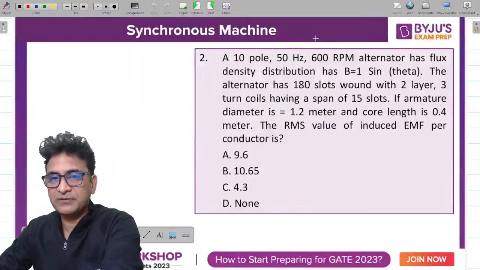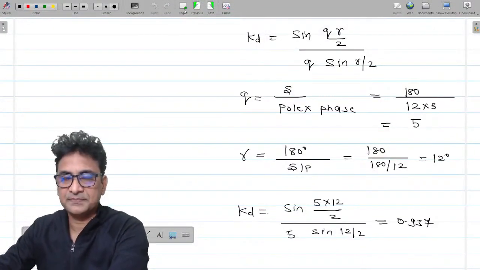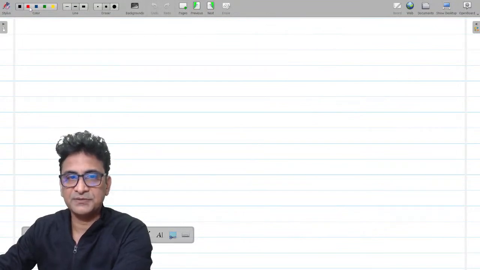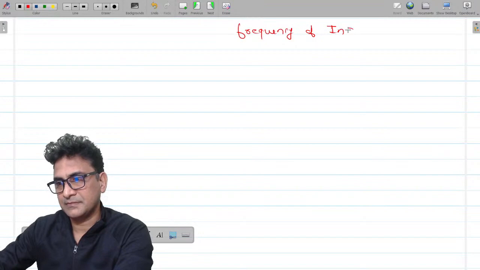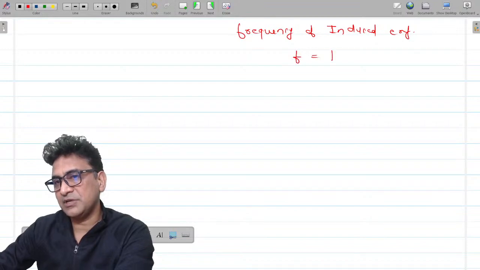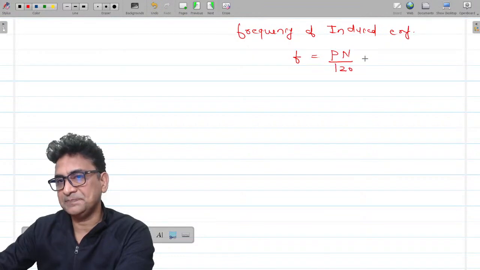So how do we find the frequency of induced EMF? F is the frequency of induced EMF. What is the formula? It depends upon the total number of poles times speed divided by 120.